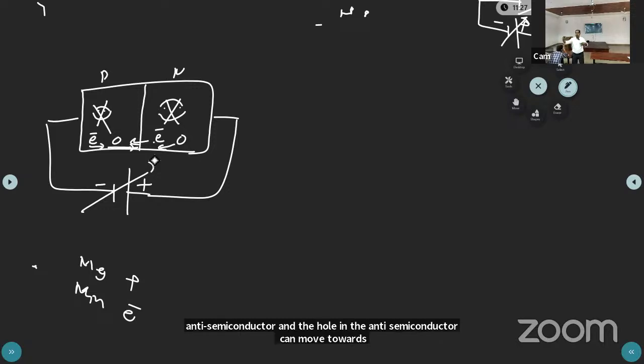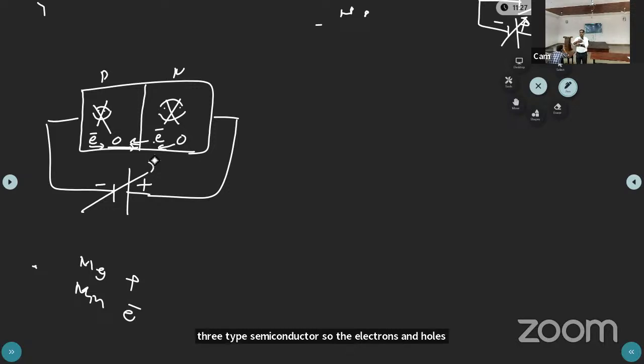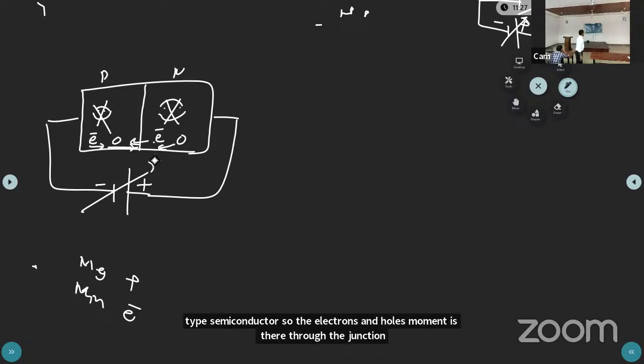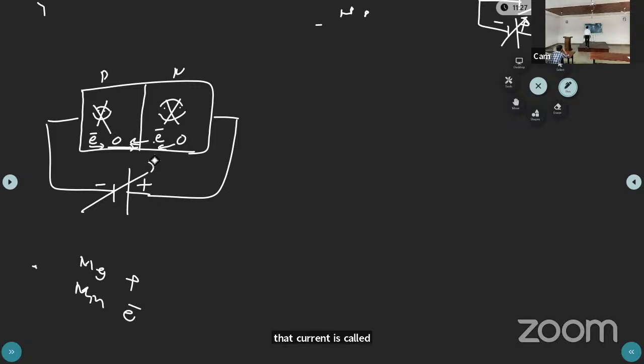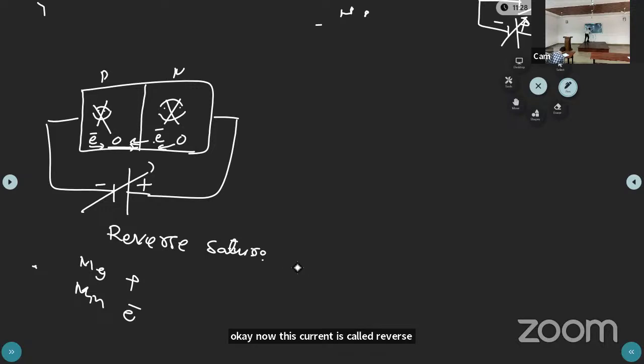So the electrons and holes movement is there through the junction. That current is called reverse saturation current, denoted as I0, I suffix 0.